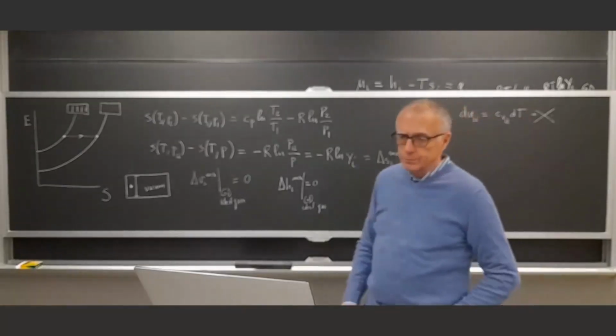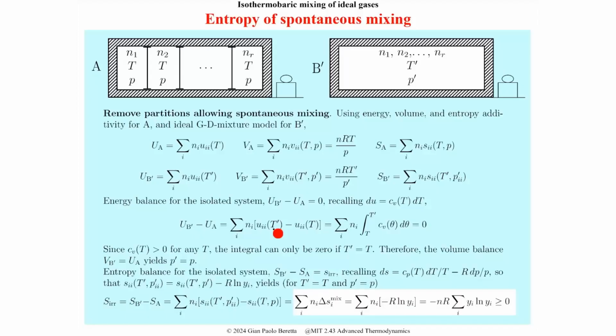And so for each of the constituents, I can write that it is the integral from T to T prime of this difference. So this is the integral from T to T prime of Cv_i. Okay, so this integral has to be equal to 0.